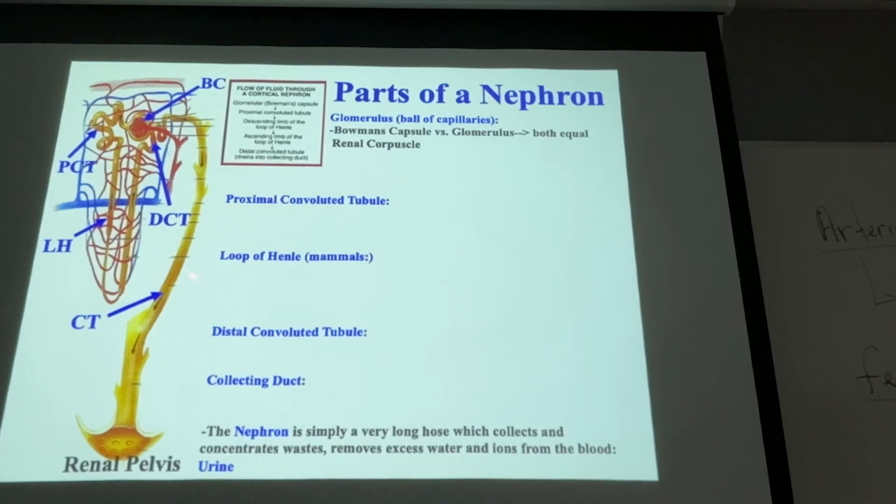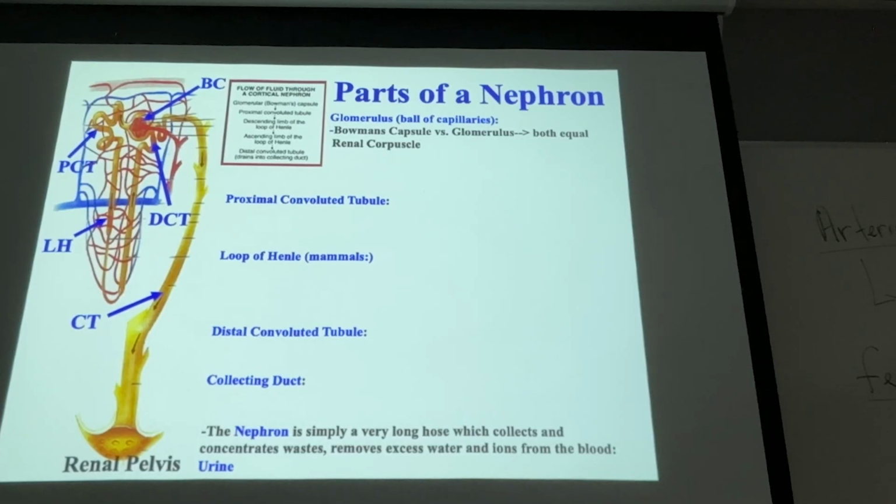Now, notice with the loop of Henle here, I have mammals. It's pretty much a mammalian structure. Well, birds have a small one, and some reptiles have small ones, but it's really a mammal structure. So why do mammals have this loop? This loop allows us to concentrate our urine in the kidney.